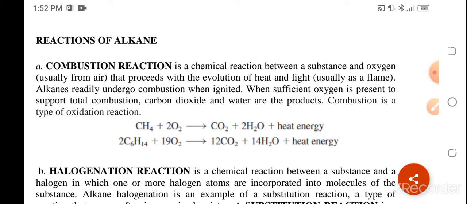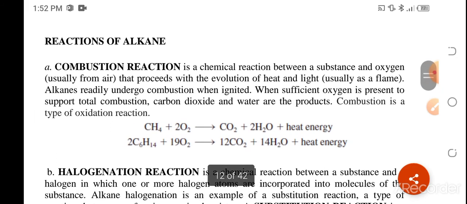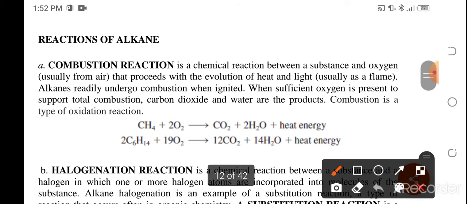Okay? So next example, combustion of hexane. So for this, you have 6 carbon atom. Okay, 6 carbon atom. So that is, with the coefficient of 2, the carbon will become 12. So naglagay tayo ng 12 doon.